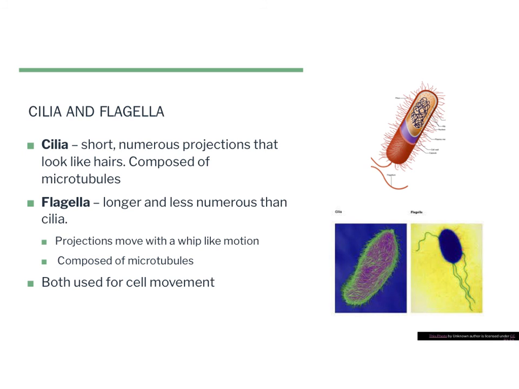And these are going to move in a whip-like motion. Okay, so that's what's going to help the cell move if they have a flagella. And then these are going to be made up of microtubules also. And again, both of these are going to be used for cell movement. So when you think of cilia and flagella, think of helping the cell move.